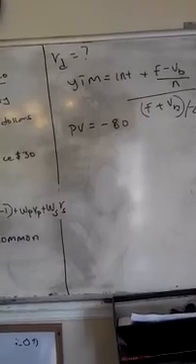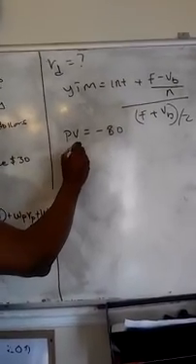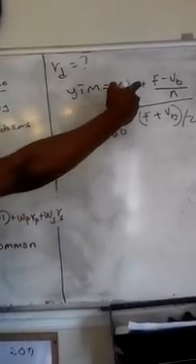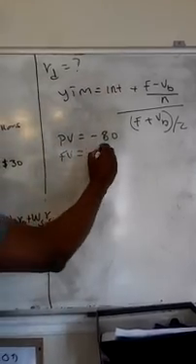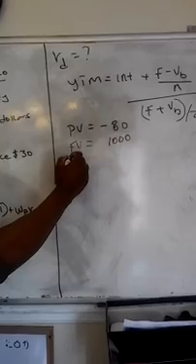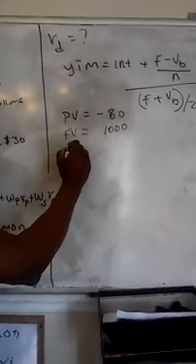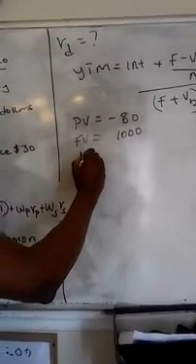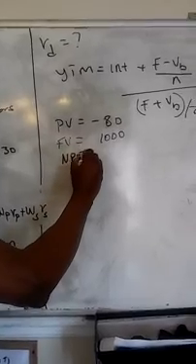We also have our future value, which is synonymous to our face value. That's going to be 1,000. And then we have our time to maturity, N per, which will be 10.